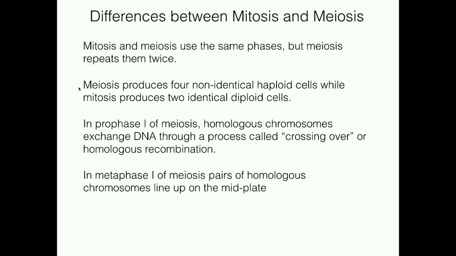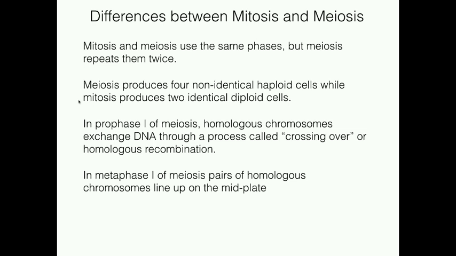Mitosis produces two genetically identical cells. Meiosis, since it's going through the process twice, is going to produce 4 cells. And since the chromosomes are getting randomly assigned, each one's going to end up with half. What you actually get is 4 non-identical cells.